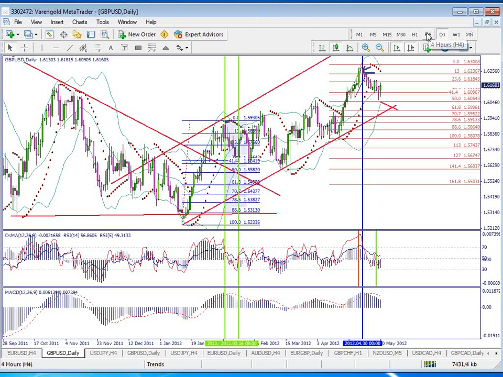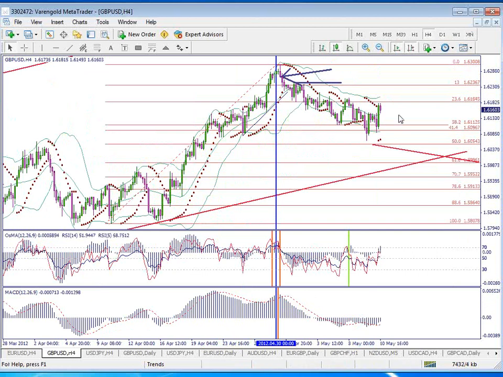If we go on smaller time frame, here we had one signal for buy, and here we also have the confirmation for buy given by MACD.